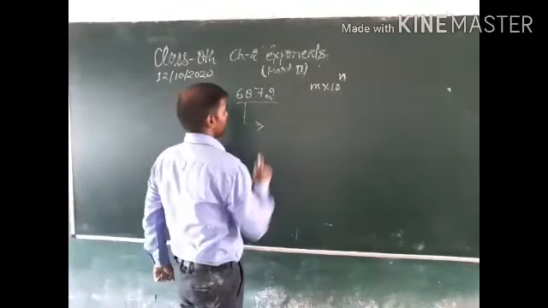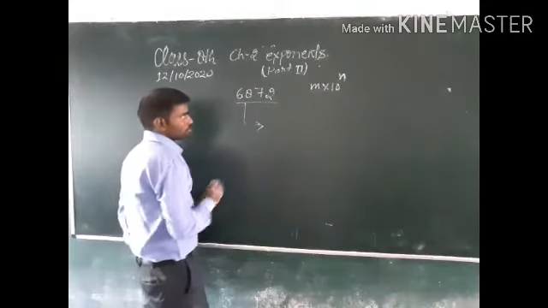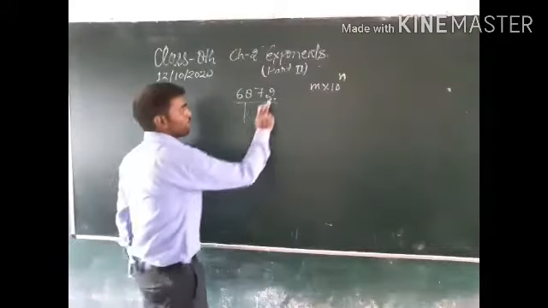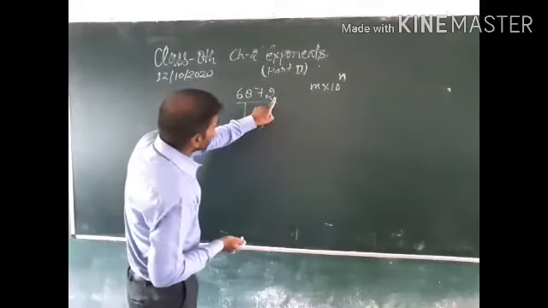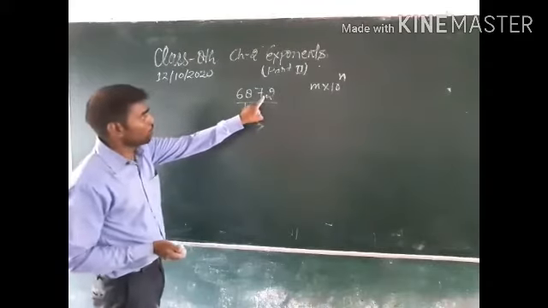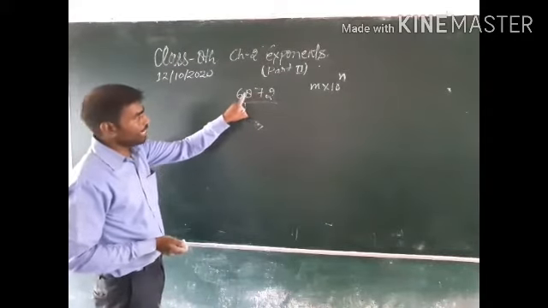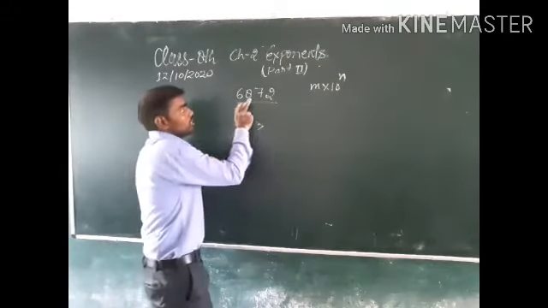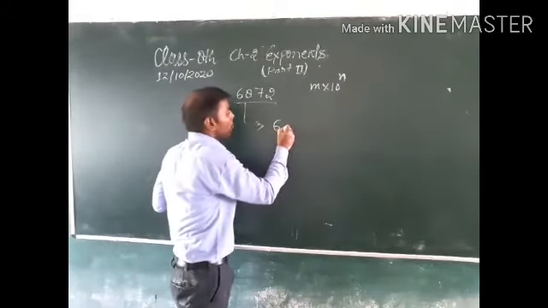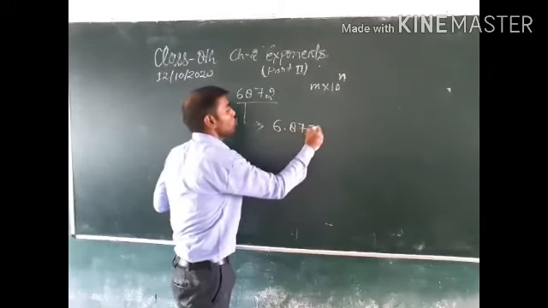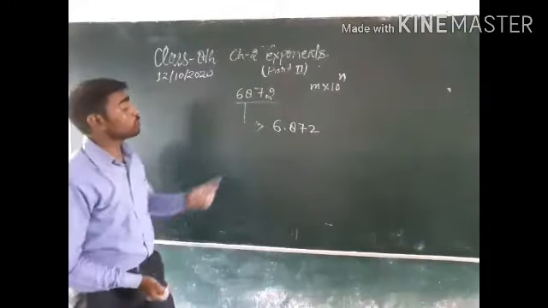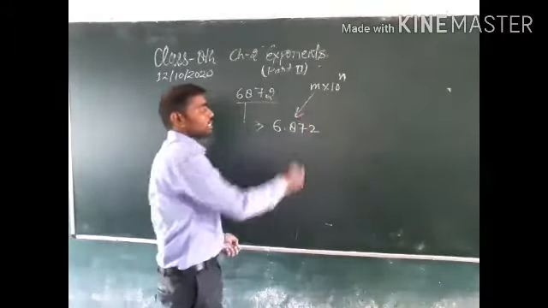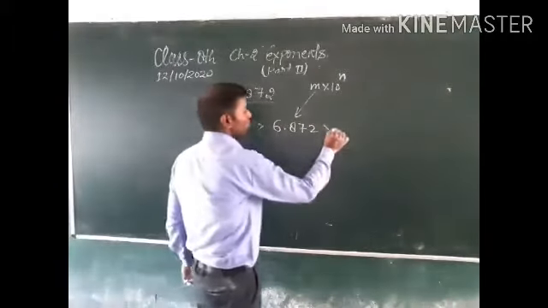Always remember, when a number has a point, that is the decimal point. This decimal part is 1 place, 2 place, and 3 place. It means this number can be written in the form 6.872, and this is m, into 10 to the power.